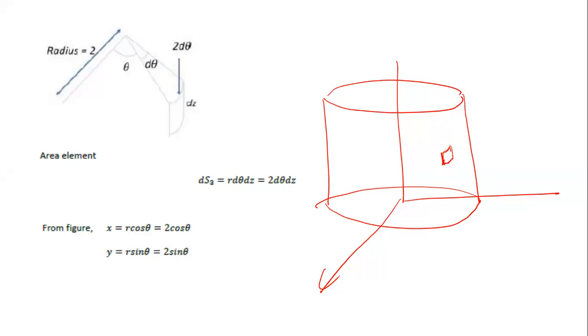We can see that this will be curved, but this being the z, this small segment here, this side will be dz, an infinitesimally small segment along the z-axis. But in order to find the area, let's say this curved line segment is dl. So area ds3 will be dl into dz. All right, dl into dz.